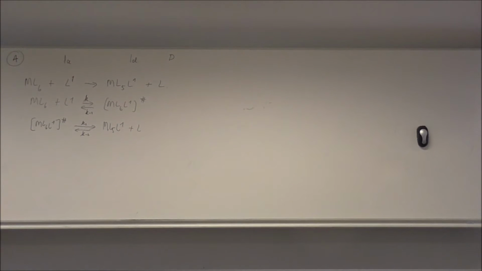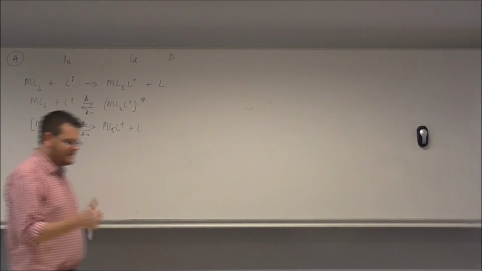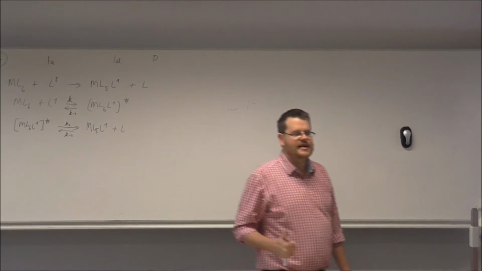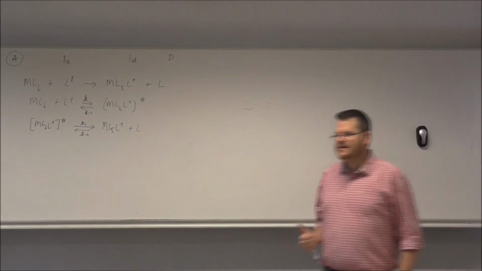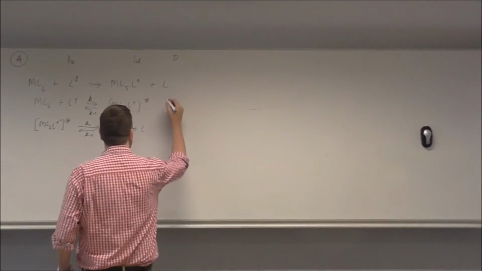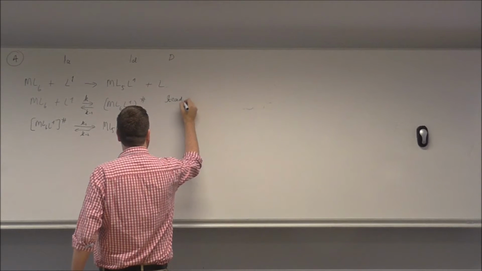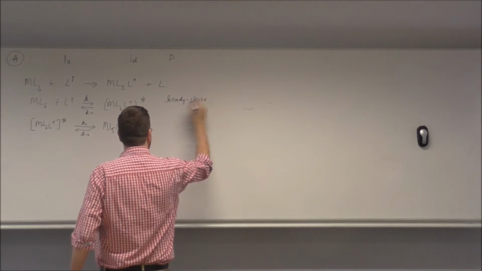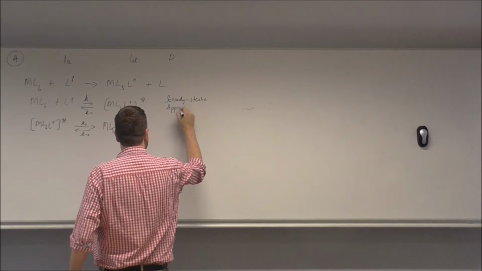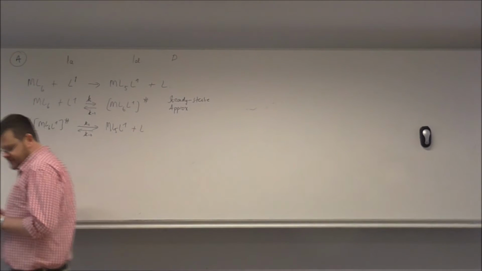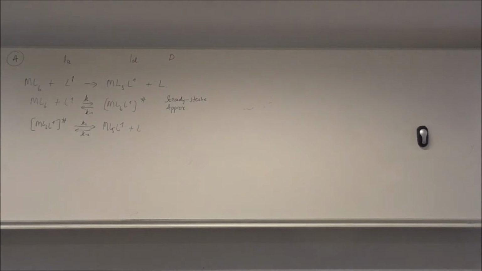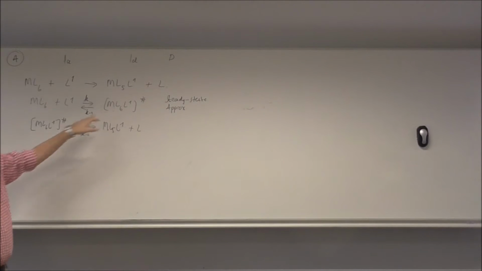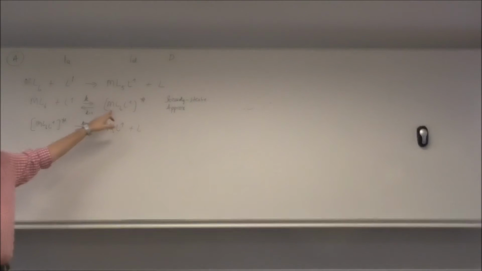Now we make two approximations, right? The first approximation is called the steady state approximation. In German, it's called the Bodenstein approximation, after the scientist who discovered it. And this approximation says, simply, that the rate of change of the reactive intermediate is 0.